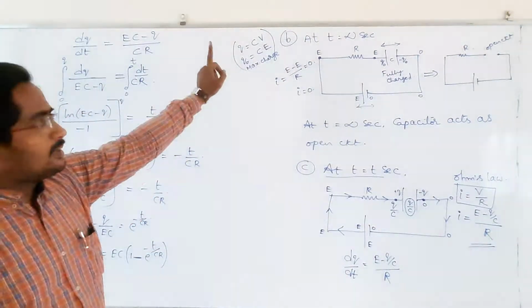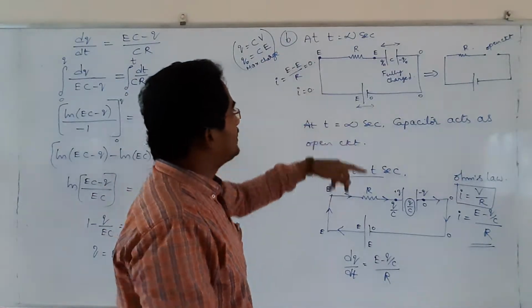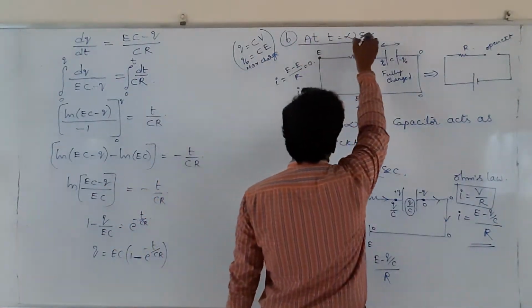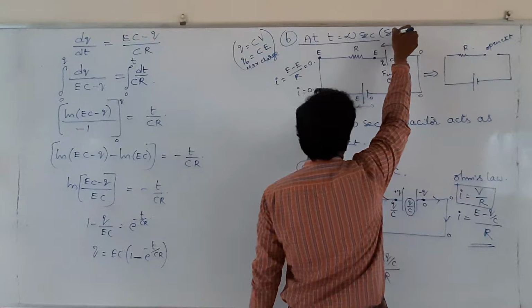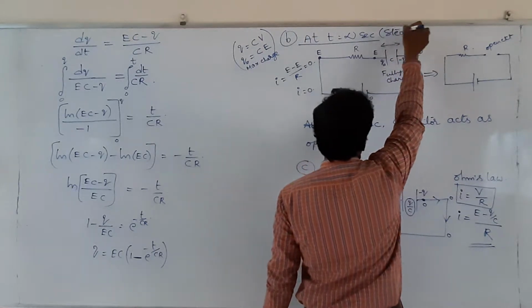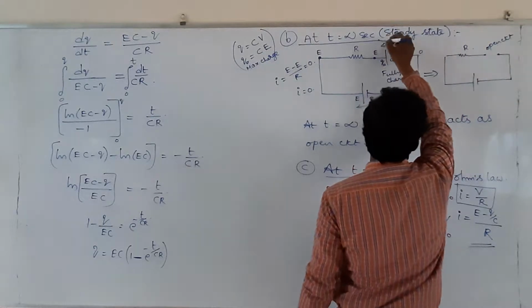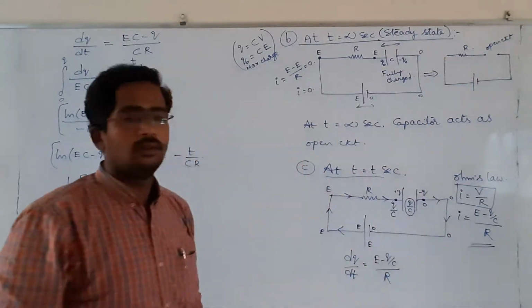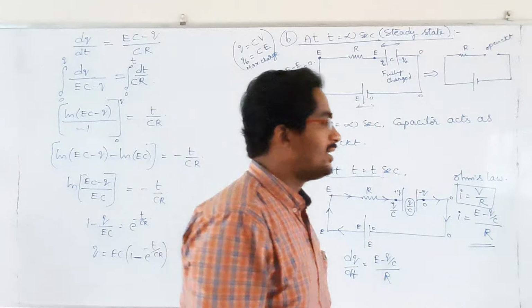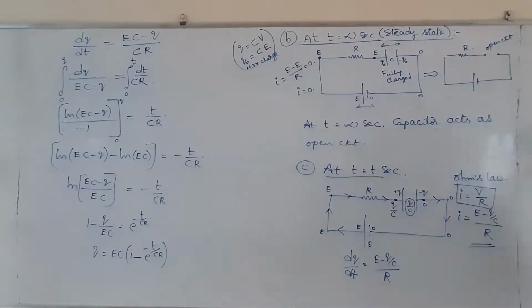That is the maximum charge to be stored in the capacitor at t equal to infinity seconds, or in the steady state. In the steady state, what is the charge stored in the capacitor? Maximum. Maximum is how much? That is Q naught.